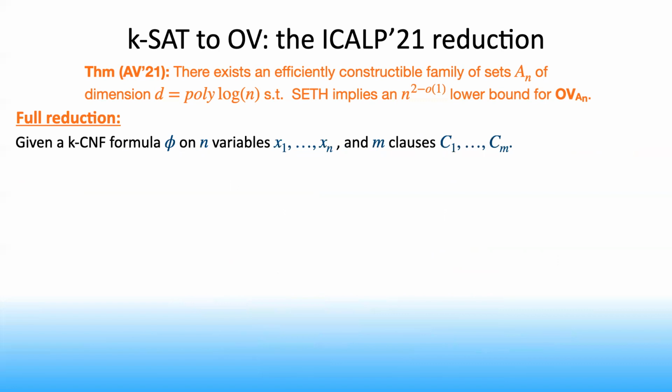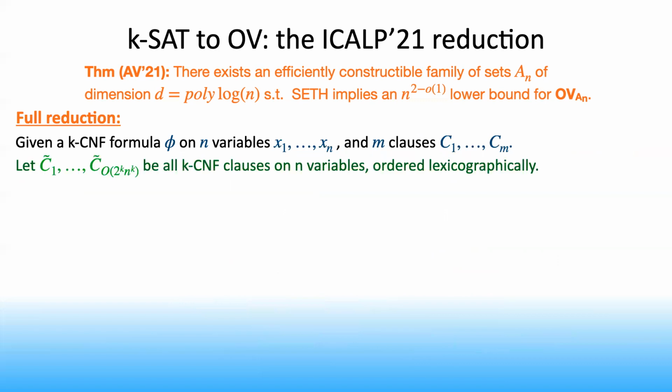And here's the full reduction. Again, let's say that the variables are x1 up to xn, and the clauses of the given formula phi are c1 up to cm. This time, we will also look at the set of all possible k-CNF clauses over n variables, ordered in some arbitrary way, let's say lexicographic, and let's call them c tilde 1 up to c tilde N, where N is about 2 to the k times n to the k.